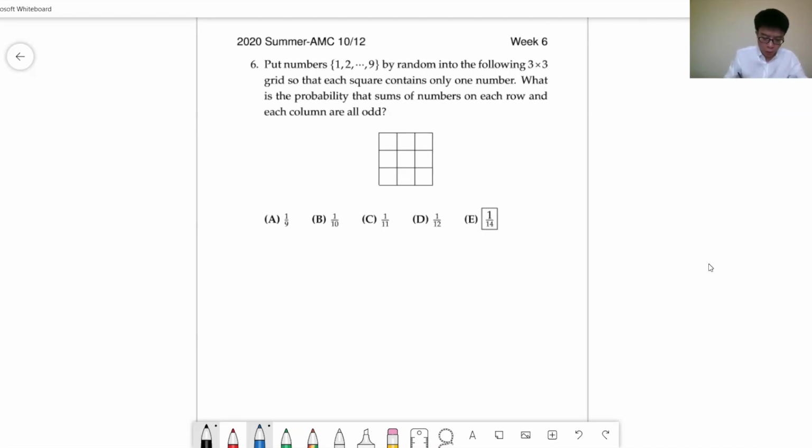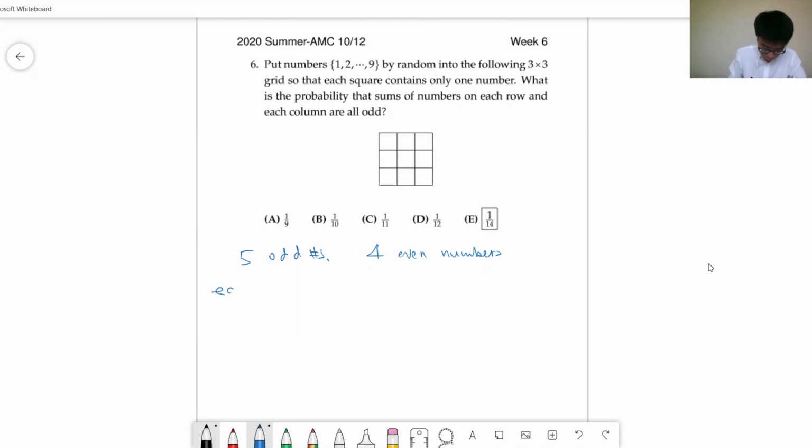Here, we see that from number 1 to 9, there are 5 odd numbers and 4 even numbers. For each row, if the sum is an odd number, we should have 2 cases, either 3 odd numbers or 1 odd number, because the even number doesn't change the parity.